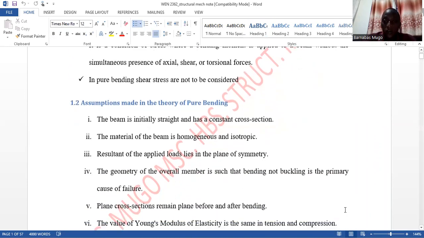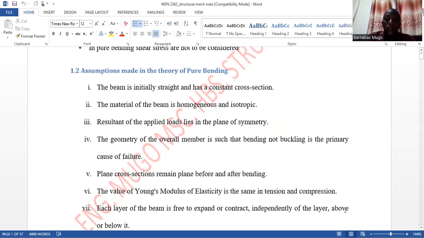There are some assumptions that we need to make when we are doing simple bending. One of them, we assume that the beam is straight and of uniform cross-sectional area, meaning that the beam is not curved, the beam is always straight.